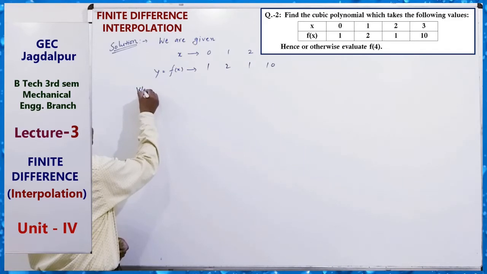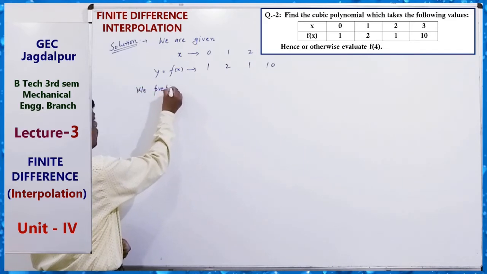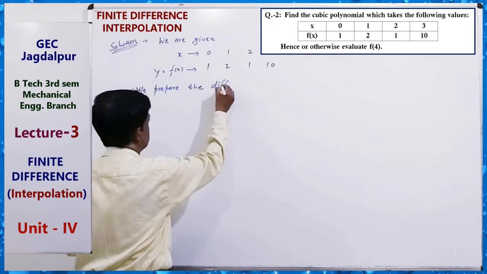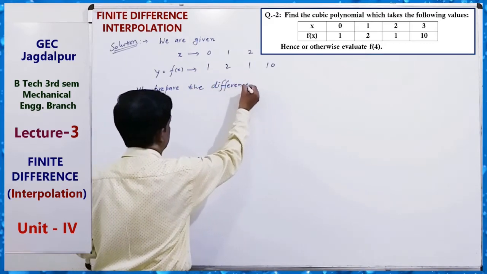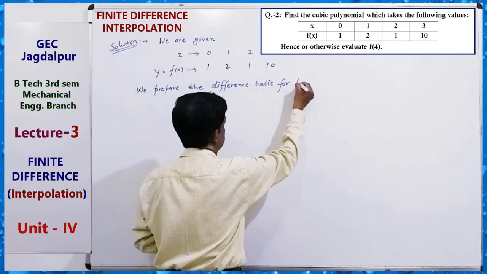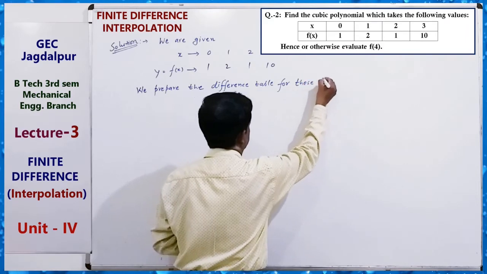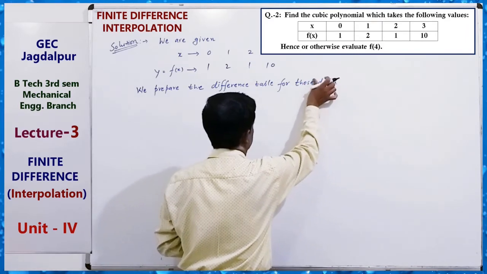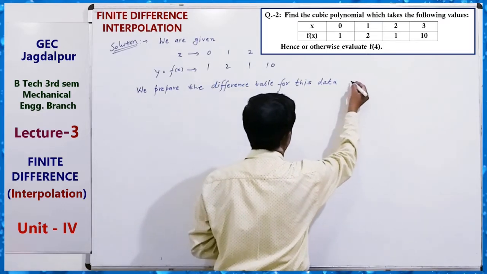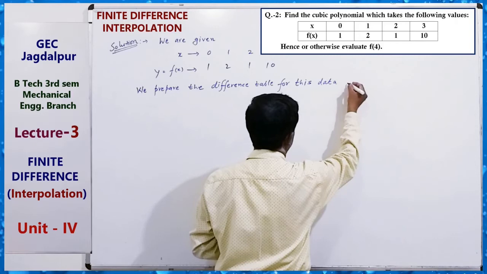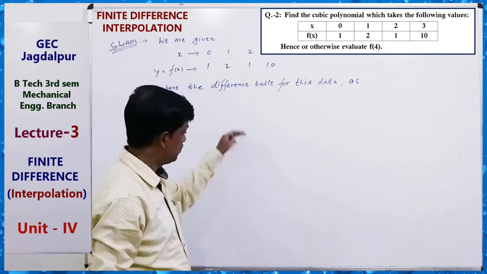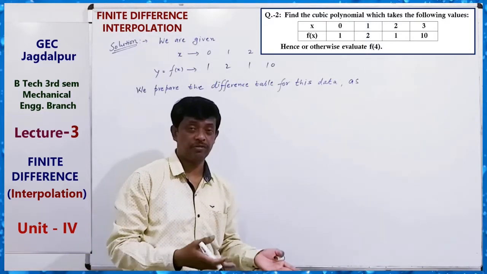We prepare the difference table for this data, because from same table we can find forward, backward, center.